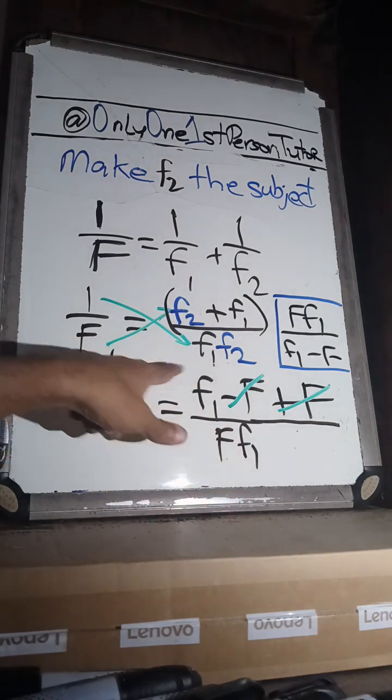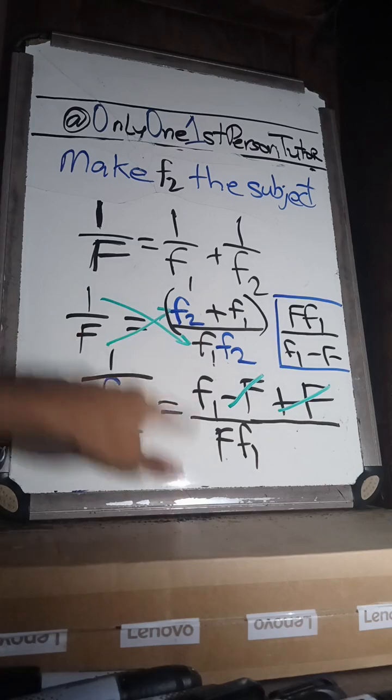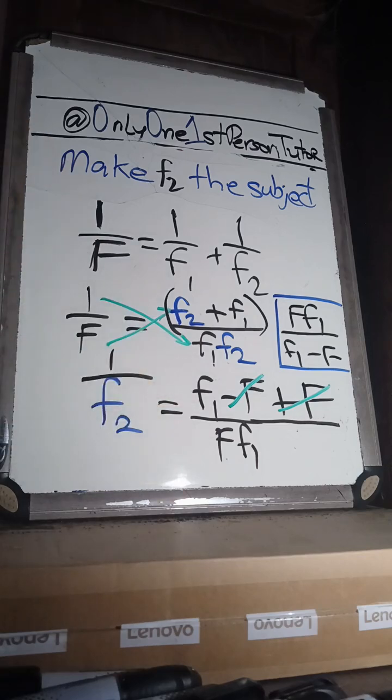This divided by this leaves you with 1. 1 over F is this. So yeah, that actually makes sense. I'm not gonna lie, I was expecting it to be a little bit easier. It wasn't.